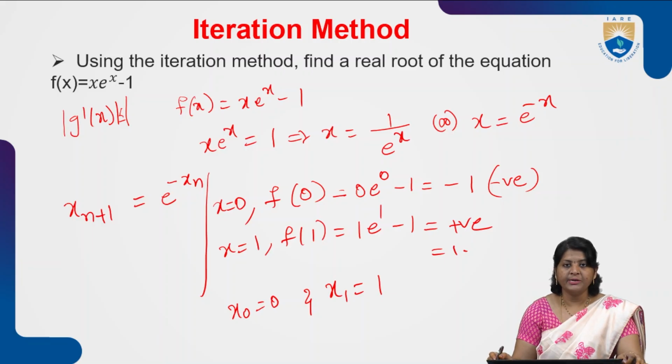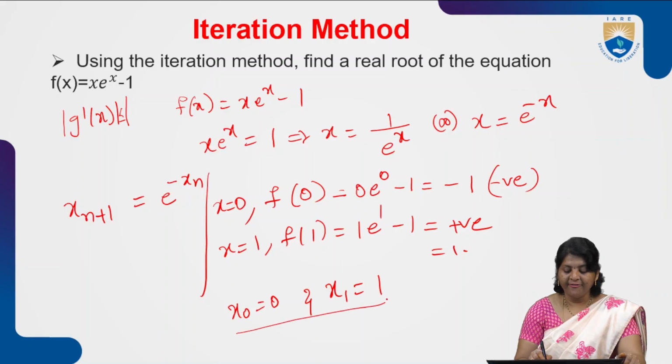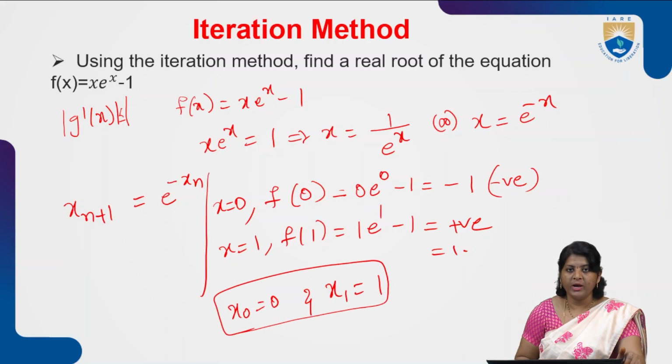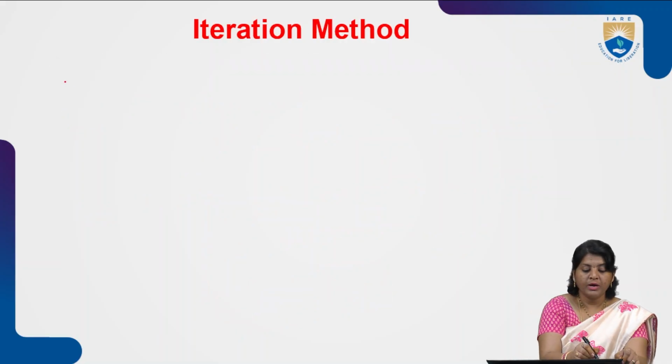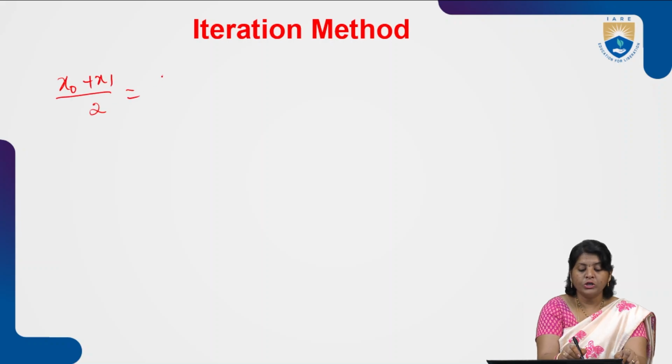Since we need to consider only one root initially, here we will take the average of these two values, because the root lies between 0 and 1. So (x0 plus x1) by 2 is equal to (0 plus 1) by 2, where we are considering the root value x0 is equal to 0.5.